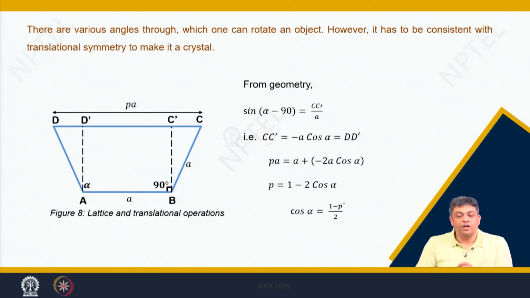Why? Why is this point so important? For example, if I have a barium titanate unit cell, BaTiO3 unit cell, which is placed at different lattice points.